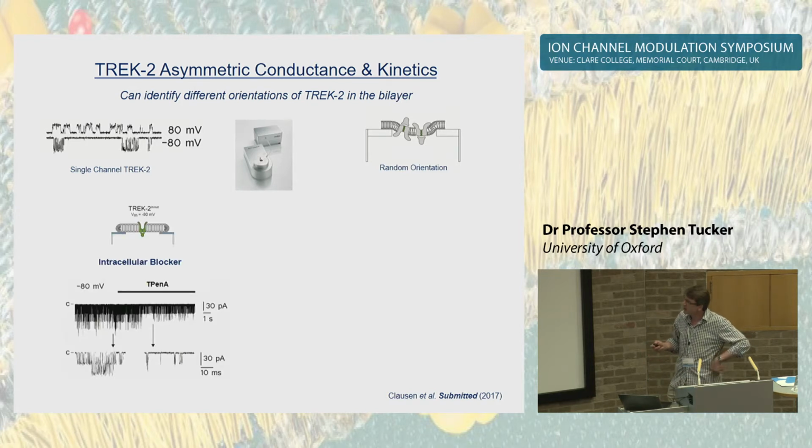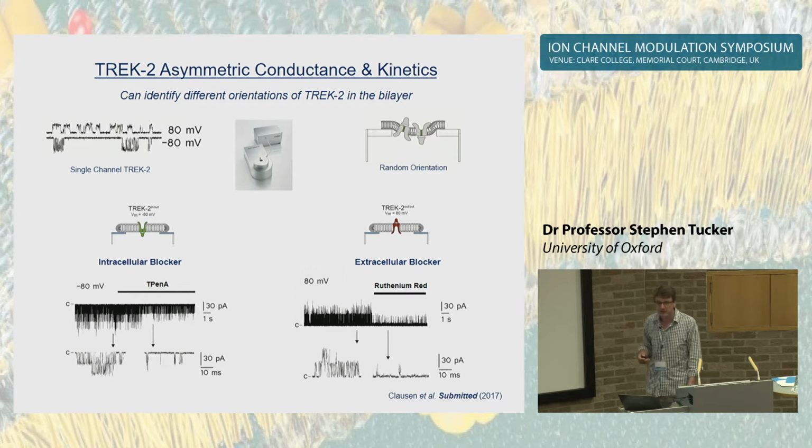And we can actually monitor the orientation of the channels in the bilayer using side-specific blockers. Quaternary ammonium ions, such as tetrapentyl ammonium, will block the channel only from the inside. So we can define what we would call the inside-out configuration, and we can use ruthenium red, which binds just below the cap region, as an extracellular blocker.